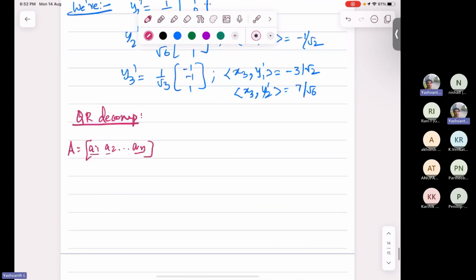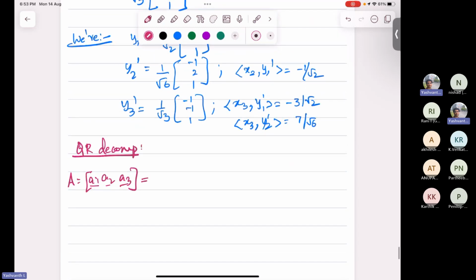So this can be written as A1, A2, A3. I want to write it as Q into R. Q is a unitary matrix. So what I will do is write the Q matrix as Y1 dash, Y2 dash, Y3 dash. That is, I will take the orthonormal vectors produced by Gram-Schmidt orthogonalization.